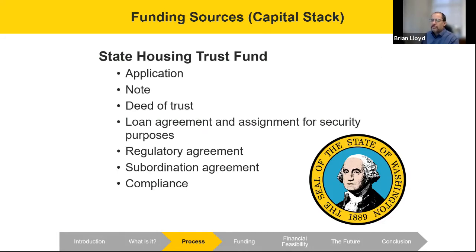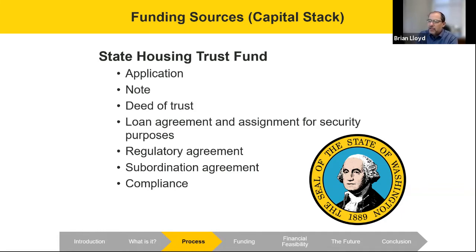In terms of the funding sources, I just want to show you what documentation is involved in a single funder. So the State Housing Trust Fund, let's say they're a part of your project along with the city and the county and the construction lender and the investor. Well, just the State Housing Trust Fund has these 7 different documents that would be at play.